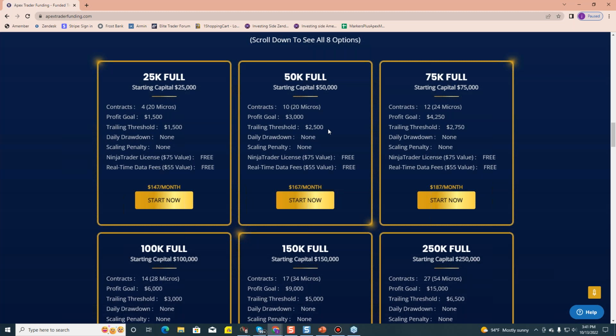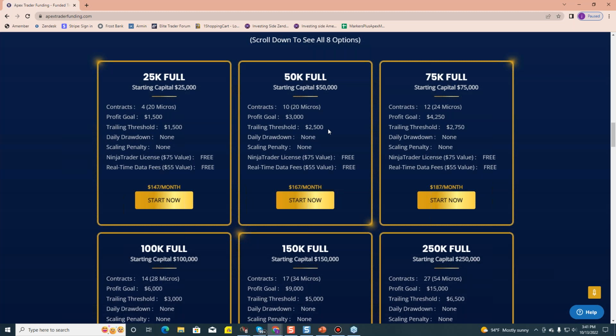Risk 20 to make 20, 1-to-1, right? So if I'm trading the Nasdaq or the Dow, it's $5 a tick, right? So if I lose a trade, how much did I just lose? $5 times 20 ticks, $100. Everybody with me here? Feel like we're in math class?